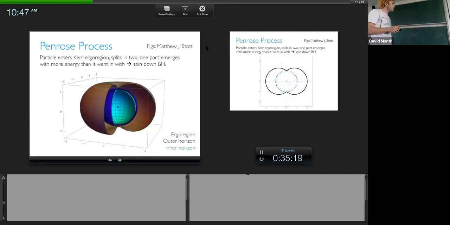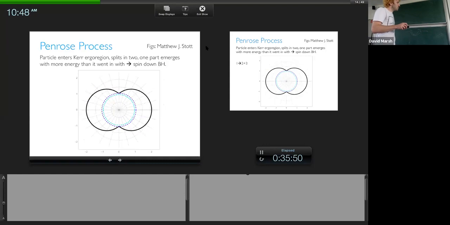Here is a projection of the horizons and ergo regions of a Kerr black hole in some coordinates, Boyer-Lindquist, I think. Here is the center of the black hole, the singularity, the dot. The brown region marks the edge of the ergo region, this special region that you need to enter to activate the Penrose process. And the blue and turquoise regions mark the outer and inner event horizons of the Kerr black hole. So let's look at that now in polar coordinates in just the plane.